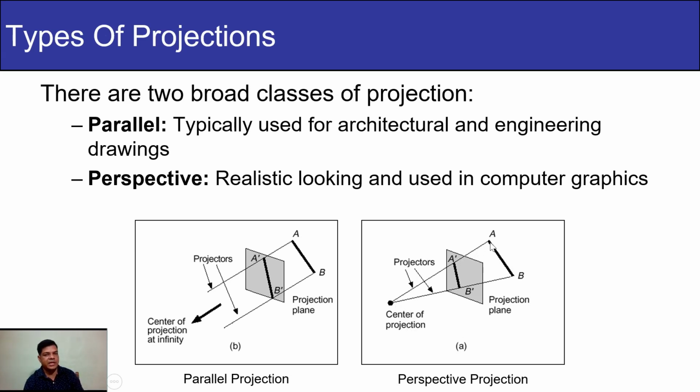The intersection points E dash B dash define the new object. Parallel projections are typically used for architectural and engineering drawing, while perspective projection is used for displaying realistic images.